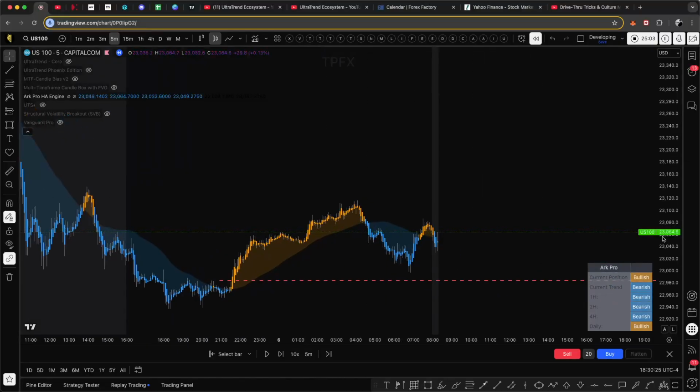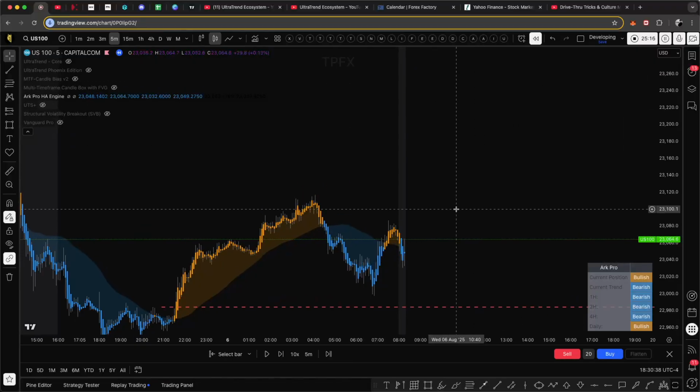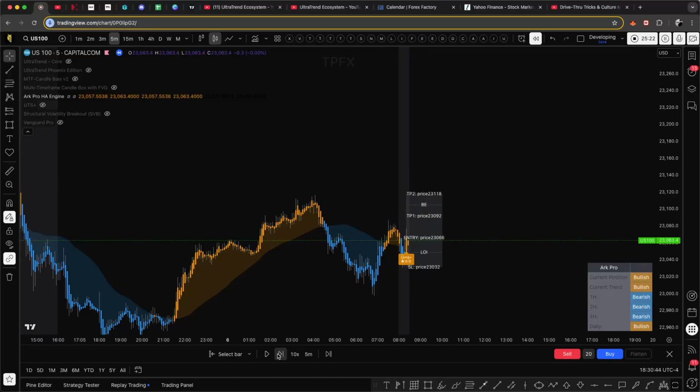If it's breaking the recent structure to the upside and the indicator prints a buy, it makes sense. You're going with the structure, you're going with the trend. The price is actually going up, and you're seeing breaks of structure to the upside. So at least you understand that you're not entering blindly. You know what I mean? So hope it makes sense.